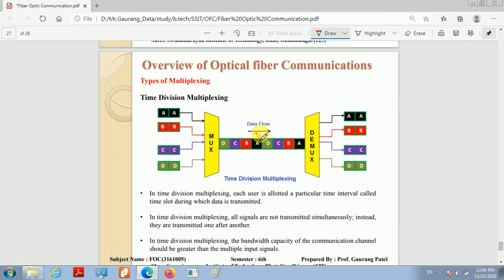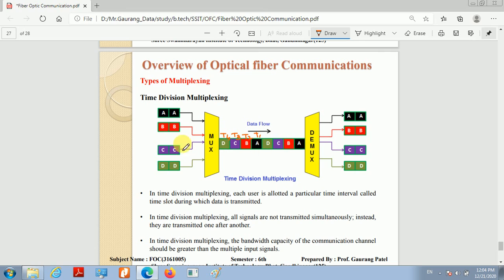So in time slot T1, user A can send data. In time slot T2, transmitter B can send data. In time slot T3, transmitter C can send the data. In time slot T4, transmitter D can send the data.